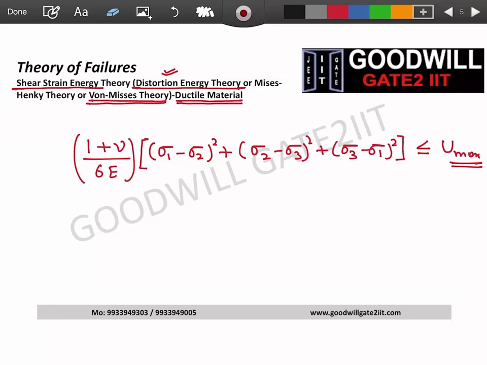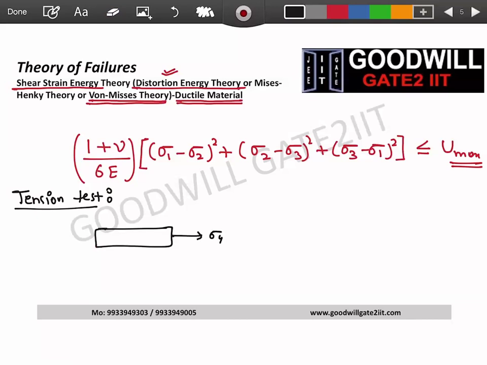So what people thought, let's do a tension experiment again. Now, everyone knows what a tension test is. You take a specimen and apply sigma y to it. Sigma y is the normal stress for which the material fails.